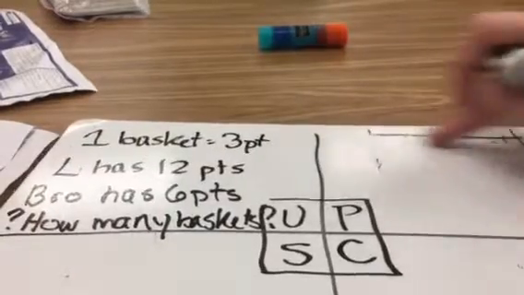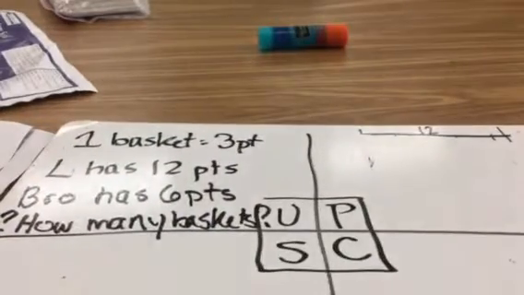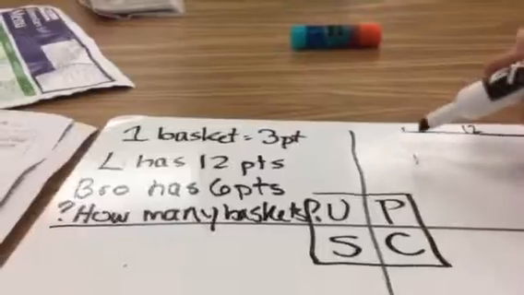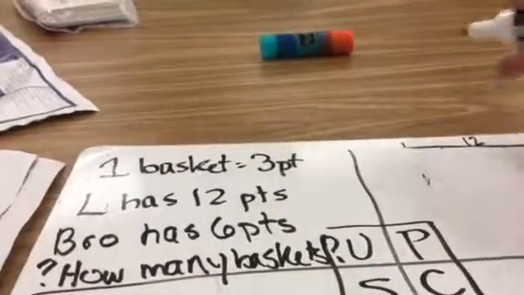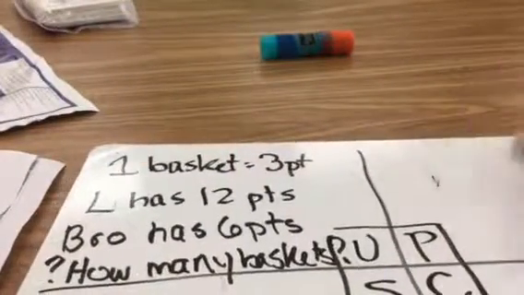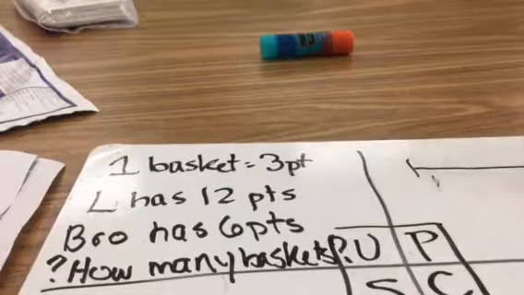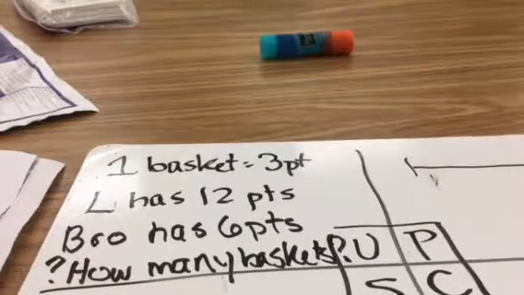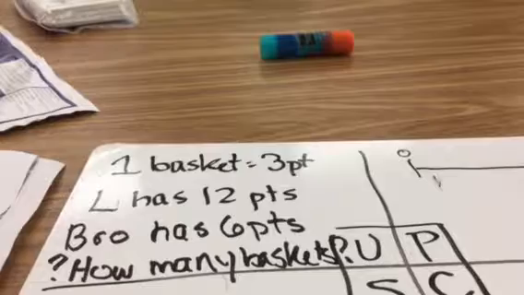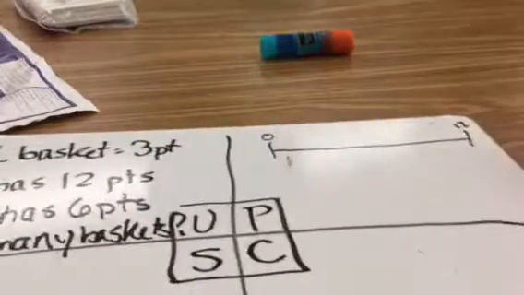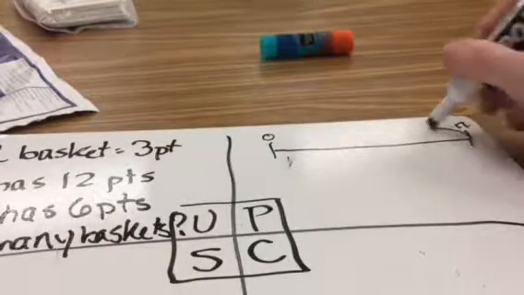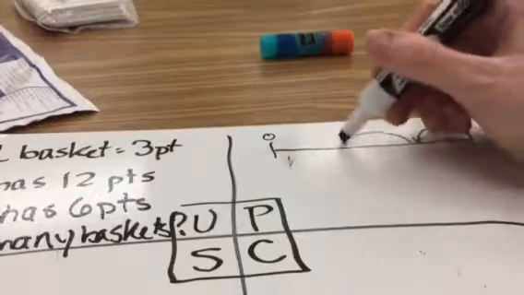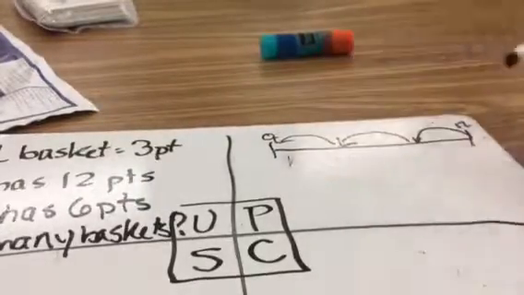So a way that I could do that is subtracting. So I could do my number line, and I could think, okay, if it's at 12, how many groups of 3 is that? So I'll hop backwards until I get back to 0.